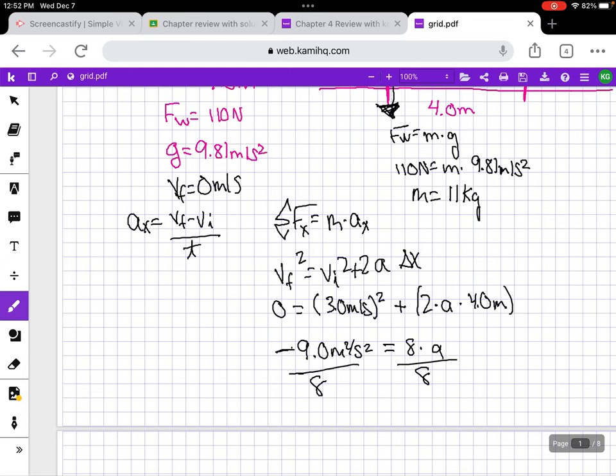So a is equal to, with meters on the bottom, one of the meters crossed off, so it's just meters per second squared. 9 divided by 8 gives me a negative 1, with 2 sig figs, 1.1 meters per second squared.